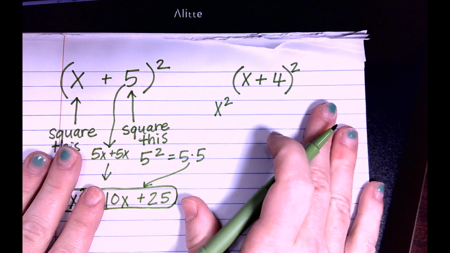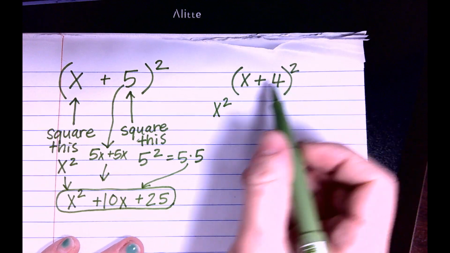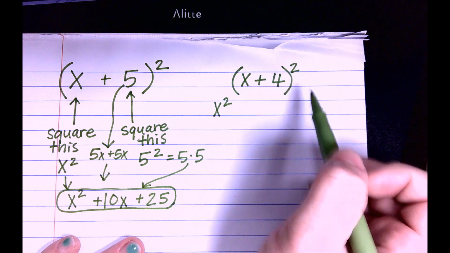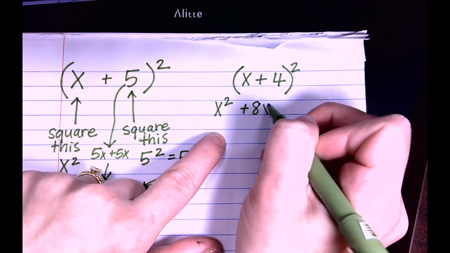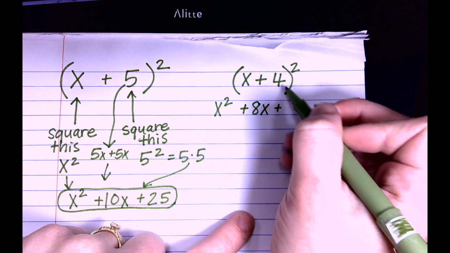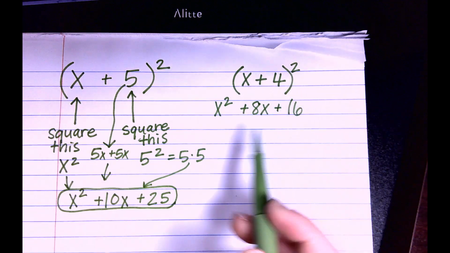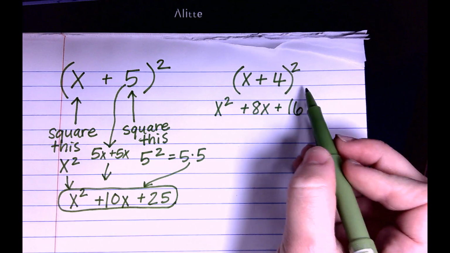This is just for fun. So x squared, and then my middle term, I'm going to add 4 plus 4 and add an x, 8x. Yes. 4 squared, 4 times 4, 16. Oh my gosh, that's our answer. That's pretty fast. That's neat. That's right.